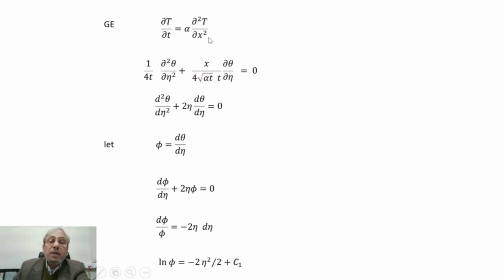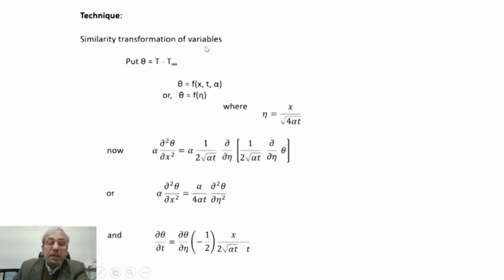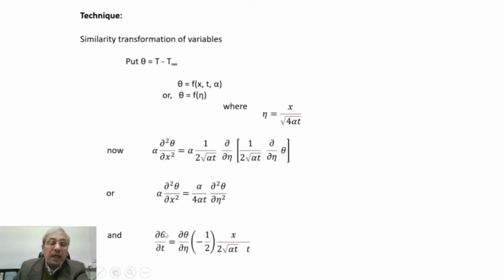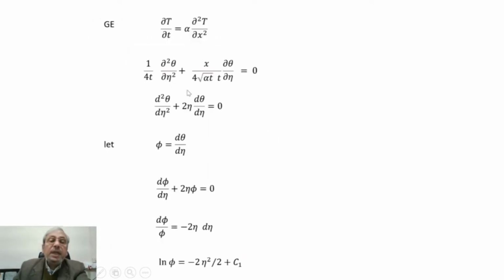Simply here we have substituted del 2 theta del x2, and here we have substituted del theta del t, or del theta del eta effectively. So we can now write this form: del 2 theta del eta 2 plus twice eta.